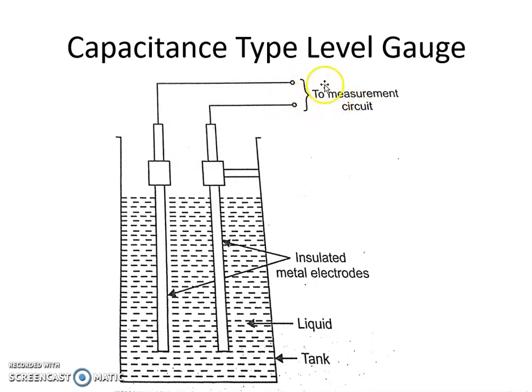That change of capacitance is a measure of liquid level. If the liquid level increases, the capacitance increases, and if the liquid level decreases, the capacitance also decreases. So here the liquid level is measured in terms of capacitance.